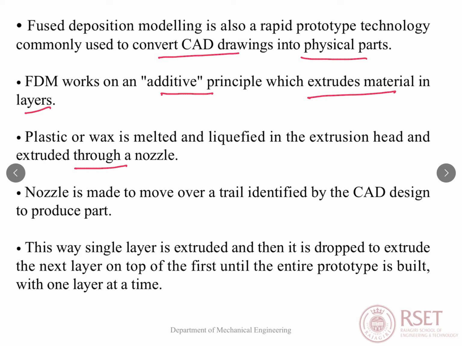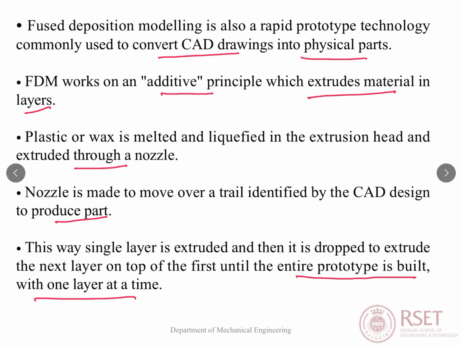The nozzle is made to move over a trail identified by the CAD design to produce the part. This way, a single layer is extruded and then the platform is dropped to extrude the next layer on top of the first, until the entire prototype is built one layer at a time.